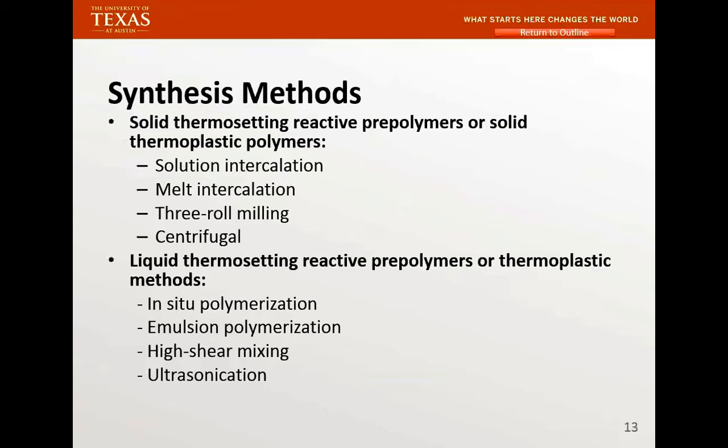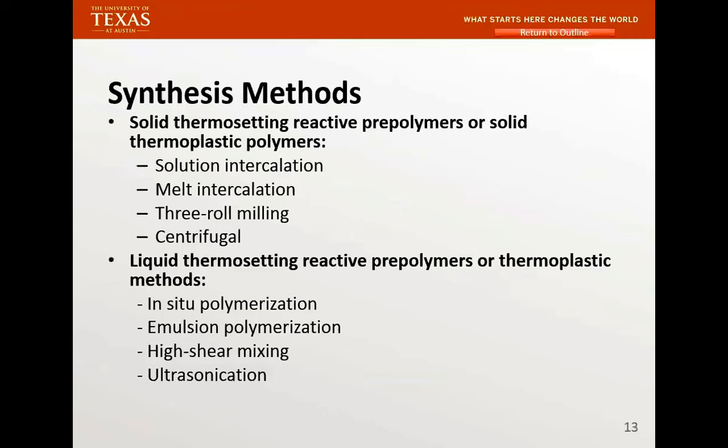I'm going to give you a little bit of example about the different methods. Depending on your polymer and your material, you will have different types of processing technique. I'm going to briefly show you some of these. There are different techniques for different things, okay?